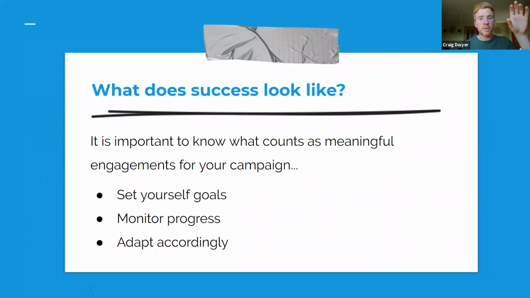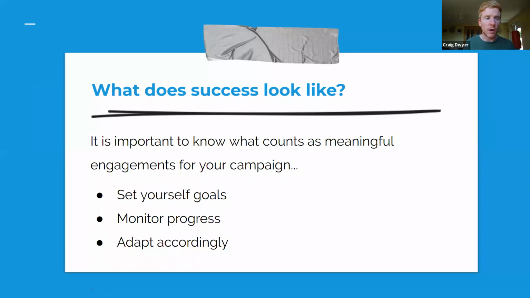And then as part of that, you can set goals for your social media posts where you can measure the number of clicks through from your social media posts over to your newsletter sign-up page. So that's a little bit more meaningful, and it is linked to your aims and your objectives.